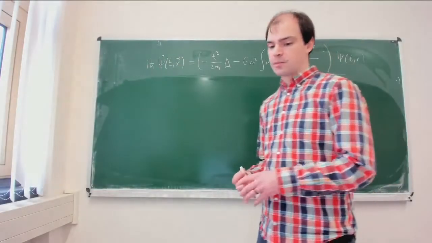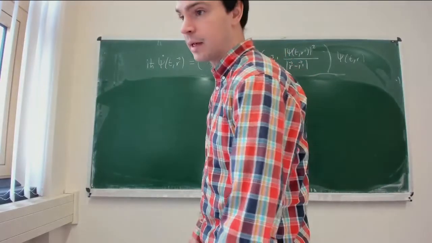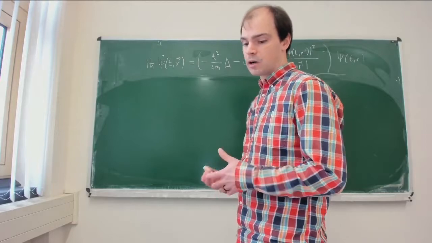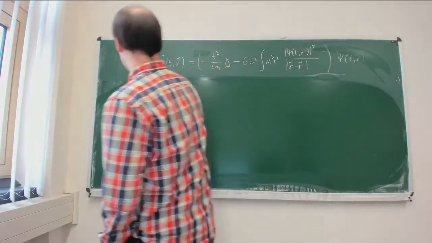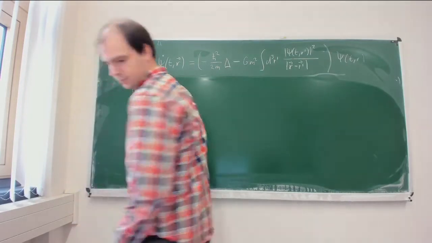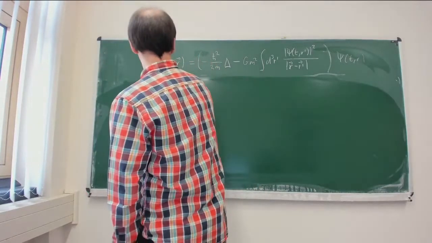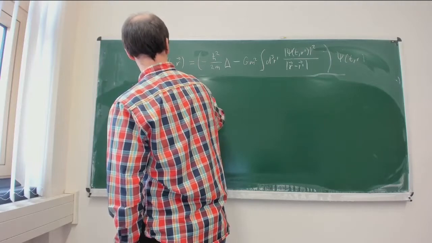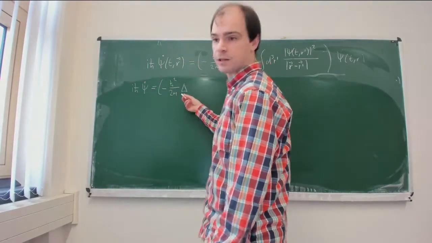So the first remark is that this equation actually falls into a more general class of equations, which are called Hartree equations. And those have the general form i h bar psi dot equals minus h bar squared divided by 2m Laplace.